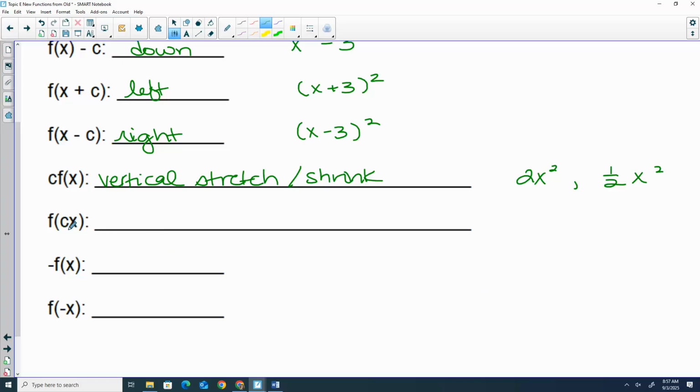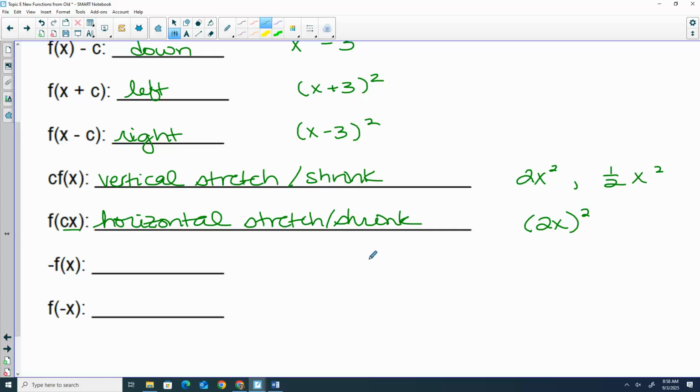Okay, what if there is a number on the inside? So if I had like a 2x all squared, what does that do? All right.